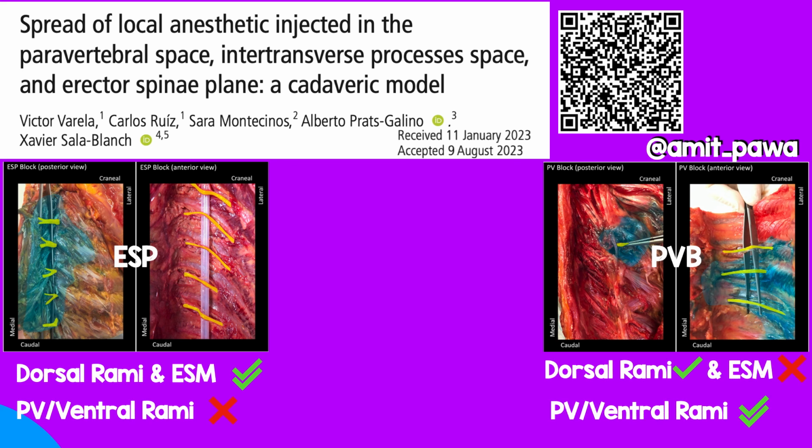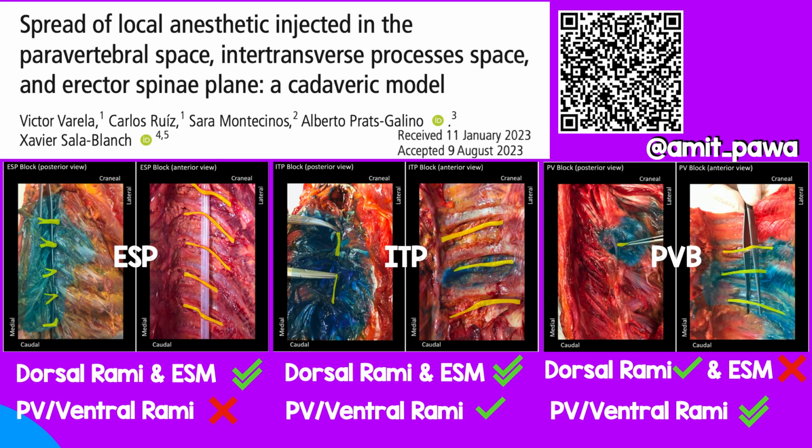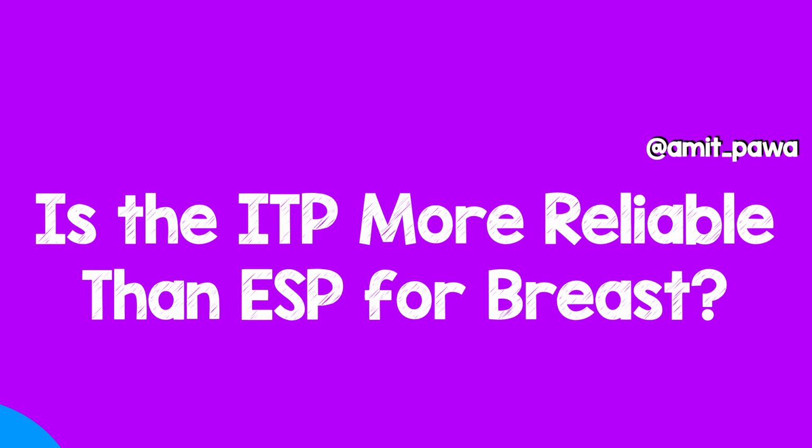When they looked at the paravertebral blocks, they got coverage of the dorsal rami, they got obviously coverage of the paravertebral space, the ventral rami, but they didn't get any coverage down in the ES muscles. But when it came to the ITP block, they got dorsal rami coverage, which you'd expect because you're in that vicinity, and they got coverage around the erector spinae muscle, but they also got paravertebral and ventral rami spread. So it looks like the ITP block may be that compromise between doing a paravertebral and then doing an ESP, which may not get as deep as you want. So it may be that actually the ITP is more reliable than the erector spinae plane block for breast surgery.